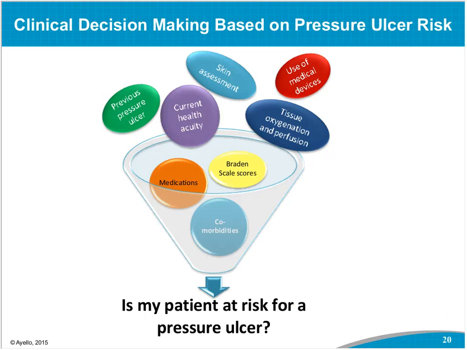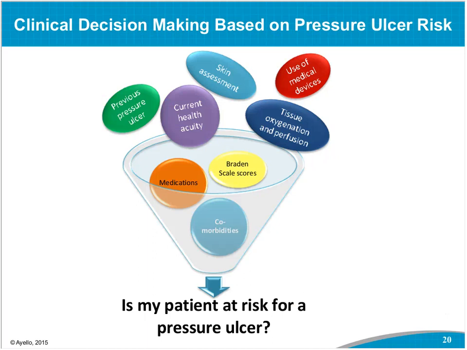So you saw this slide in the earlier seminar that I did, webinar number 5, in terms of lots of factors that nurses and other healthcare professionals are looking at. Karen did a great job on skin assessment in one of the webinars.